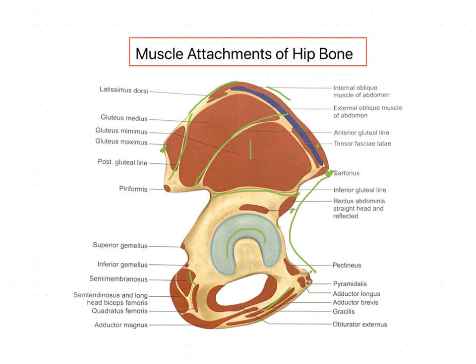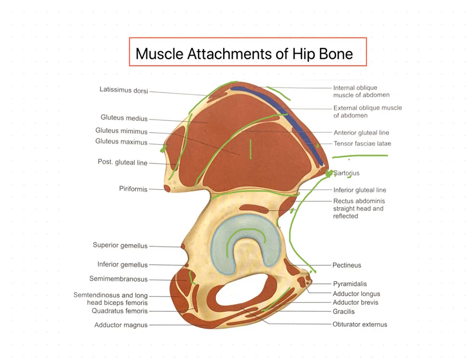So sartorius, and then by the side of the sartorius, another muscle called tensor fascia lata, lateral to this, originates over the iliac crest. The tensor fascia lata muscle also originates here. Now we'll move on to the iliac crest.